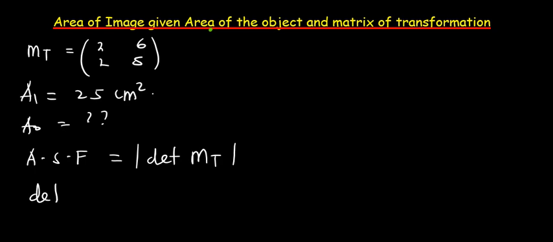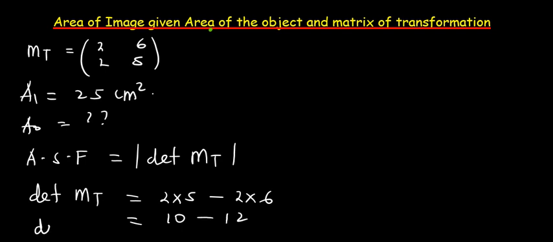So the determinant of the matrix of transformation is equal to, we get the product of the entries in the major diagonal, that is 2 times 5, minus the product of entries in the minor diagonal, that is 2 times 6. This is 10 minus 12, and the determinant of the matrix of transformation is equal to -2.